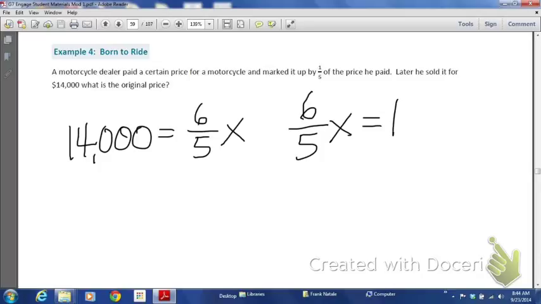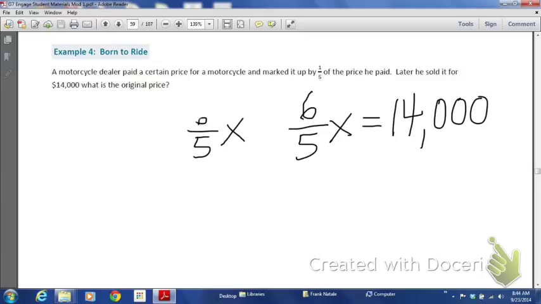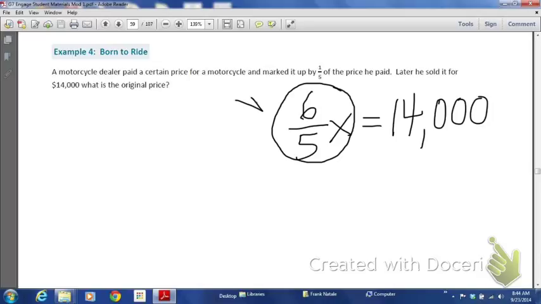It just makes things a little simpler, and you'll see in the future why. So let's say 6/5 x equals 14,000. Now, if you remember from some time ago, we always want to isolate this x as 1x. We're trying to isolate x.